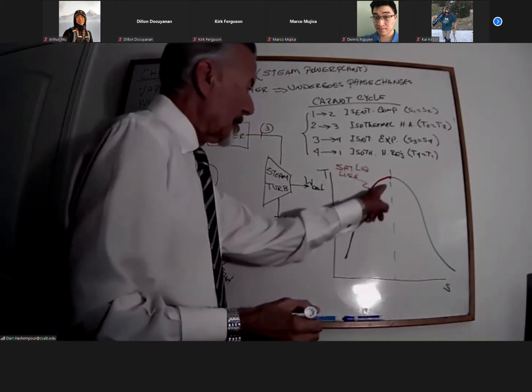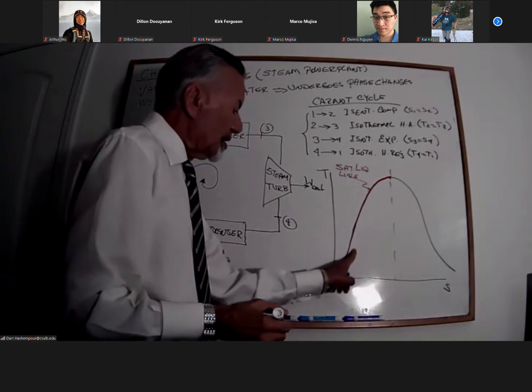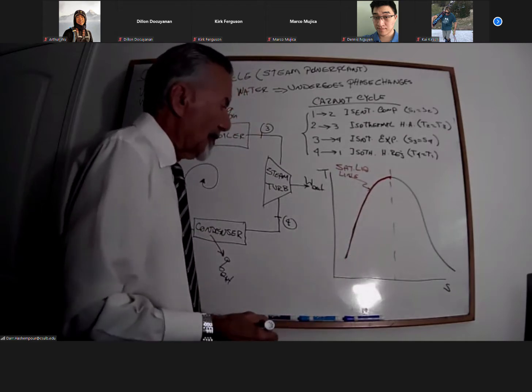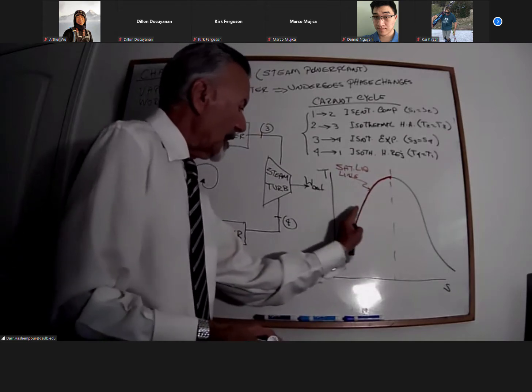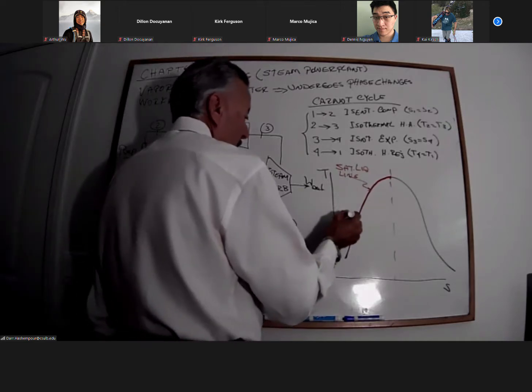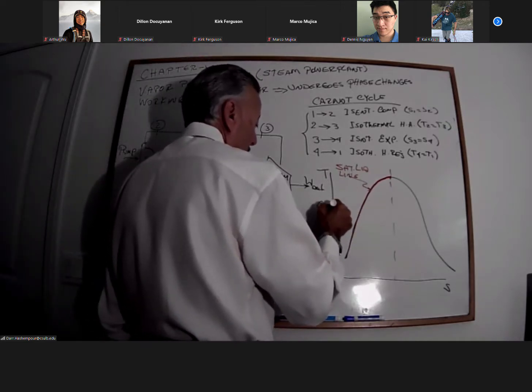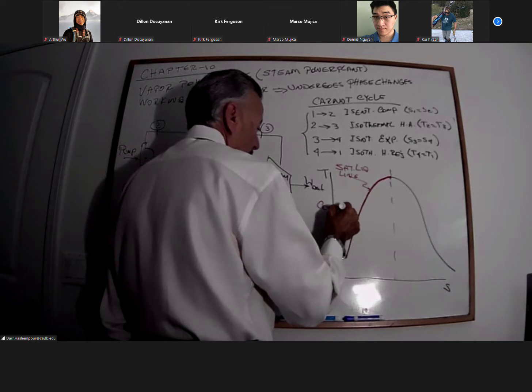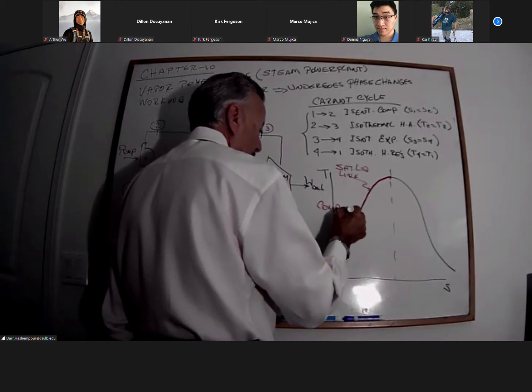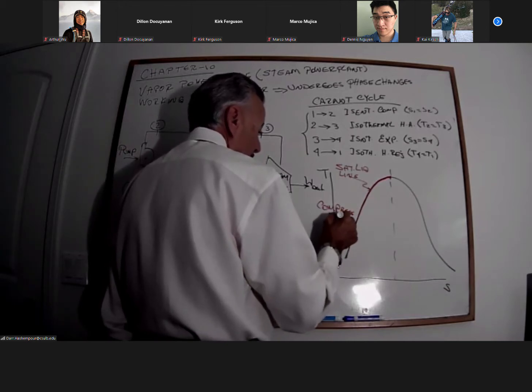So this line represents the saturated liquid. Everything to the left of that is called compressed liquid.